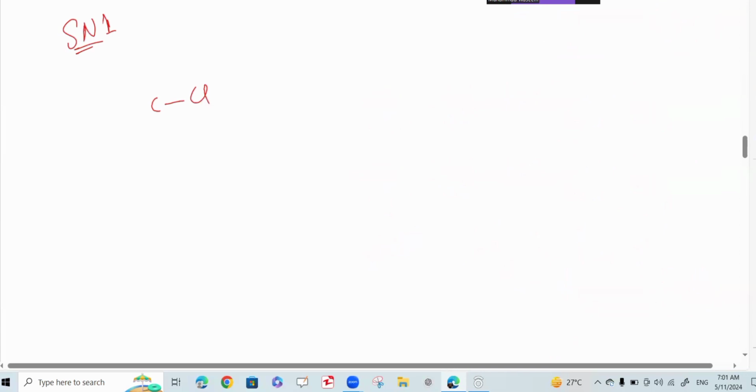It is further attached to three other carbons. So this is the polar bond. Definitely all bonds are single, so substitution reaction. This is a polar bond, so nucleophilic substitution reaction. And third, this is a tertiary haloalkane, so that's why it will show SN1.